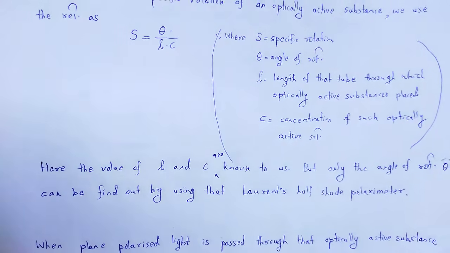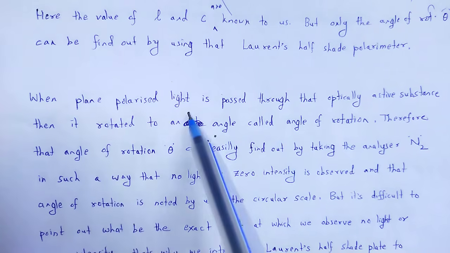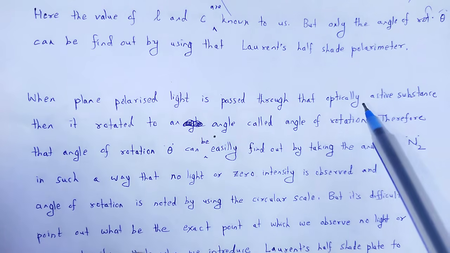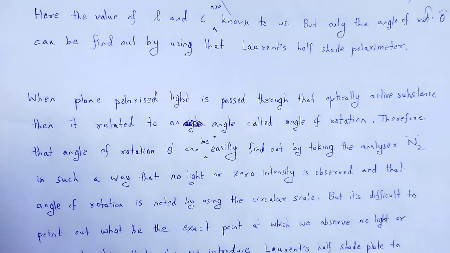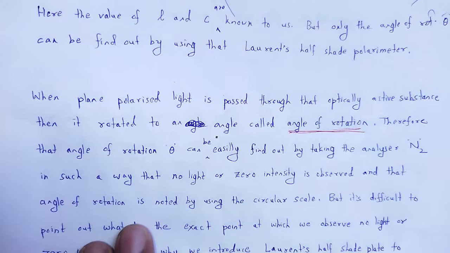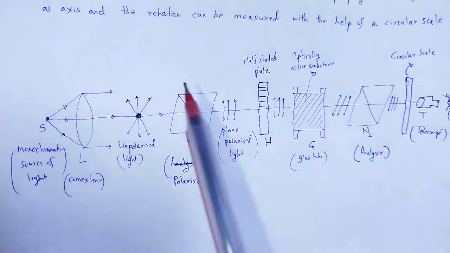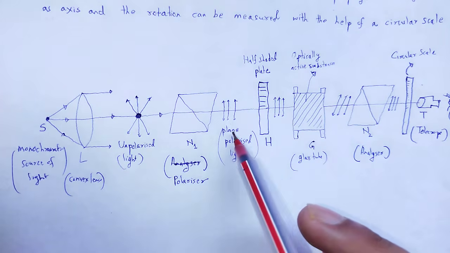How do we calculate that angle of rotation? As you know, when plane polarized light is passed through an optically active substance, it is rotated through an angle called the angle of rotation. See the construction: when unpolarized light passes through nickel prism N1, it is polarized.